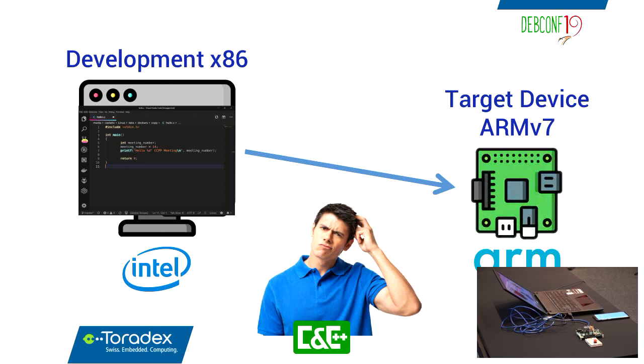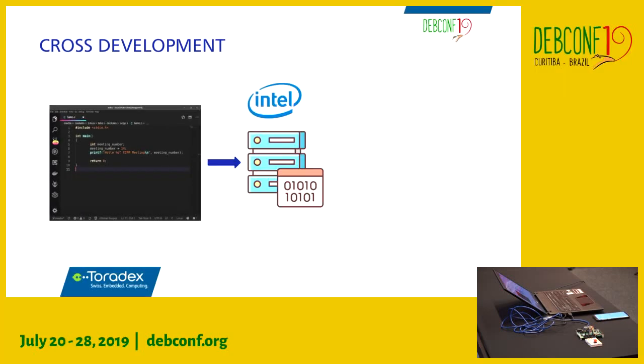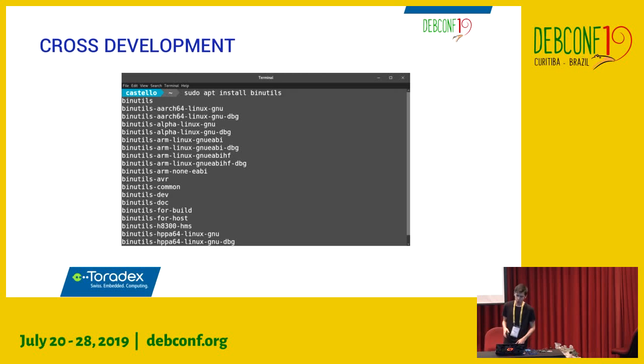Generally, we have a computer with a different architecture than our embedded device. So we need a compiler that runs on your development architecture and generates binary code with instructions that will run on your target device, right? So how can we solve this?